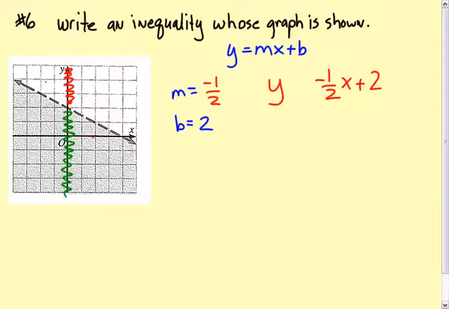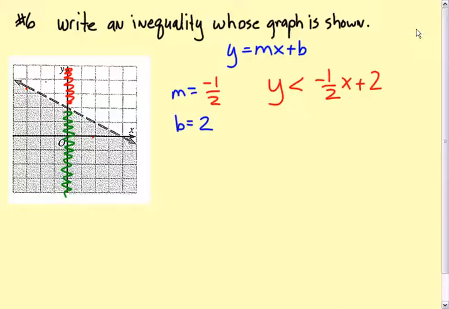But do you see it's the green part that's shaded? So that means that it has to be less than. Then I'm going to look at the line. Is the line solid or is it dotted? Well, since the line is dotted, I know it can't be equal to the line, so I have to leave it at just y is less than negative 1/2 x plus 2.